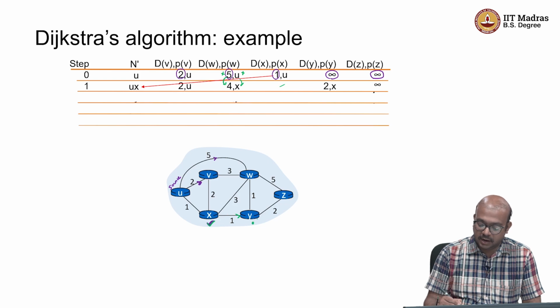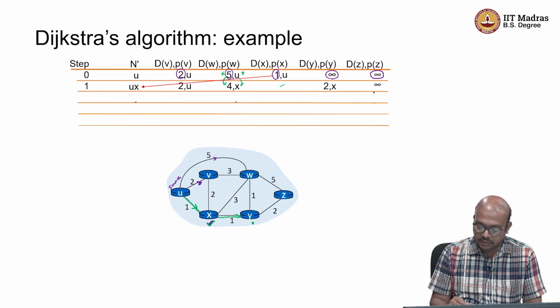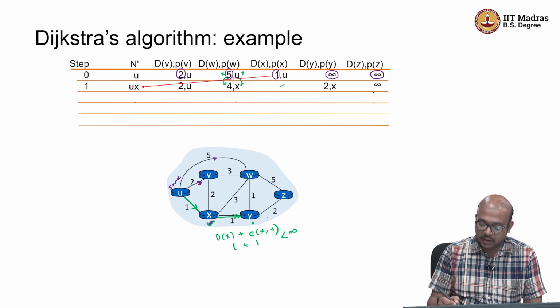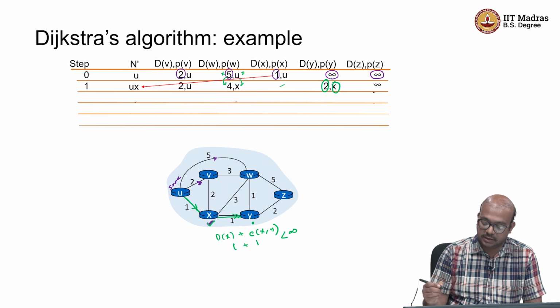Y was infinity earlier, and now through x I have a path to y. So, this was known as dx, and now this is dx plus C of x comma y, which is 1 plus 1, which is lesser than infinity, right. So, we add the cost as 2 and the predecessor node as x.